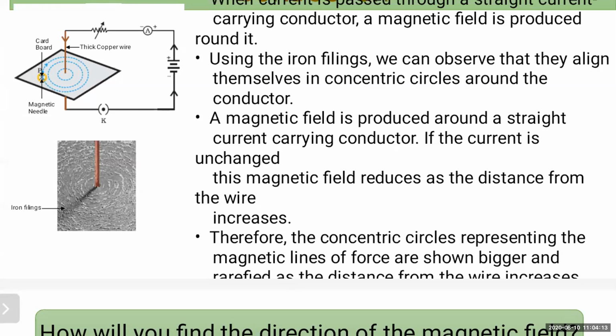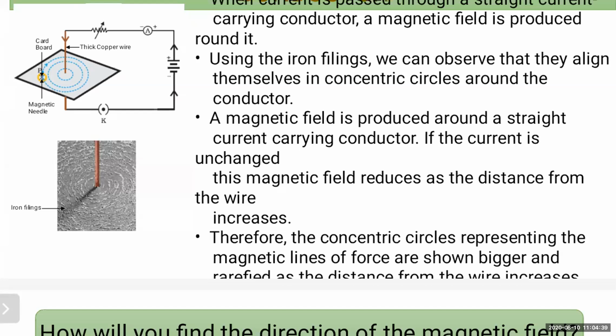Therefore, the concentric circles representing magnetic lines of force are shown bigger and rarefied as the distance from the wire increases. If the current through the wire is increased, the intensity of the magnetic field is also increased. So that point is important.